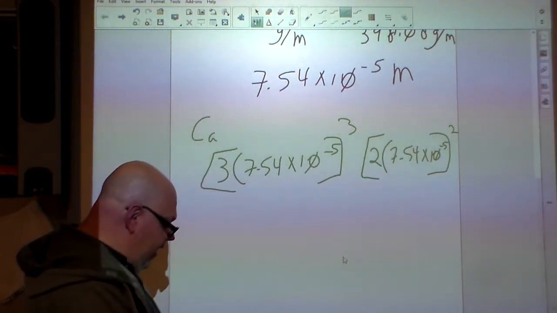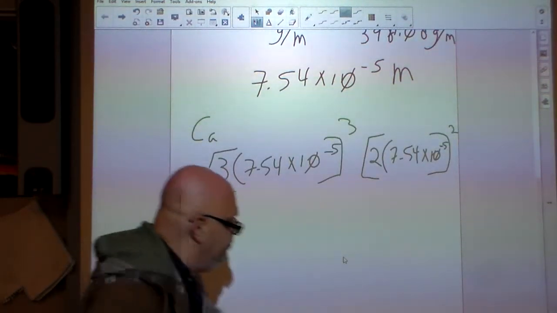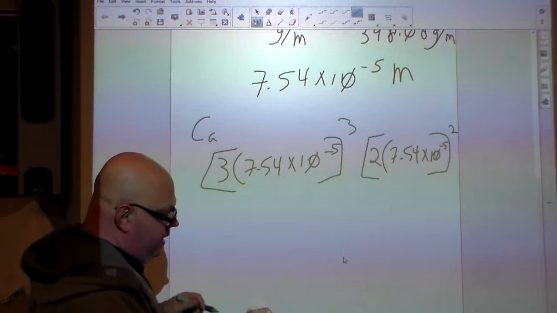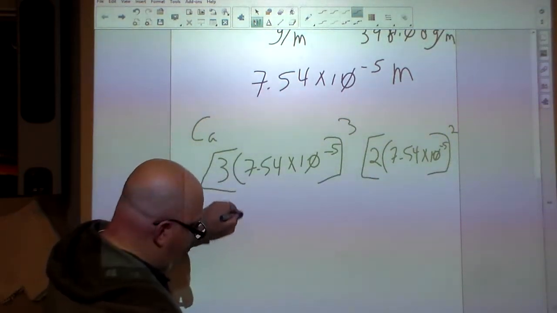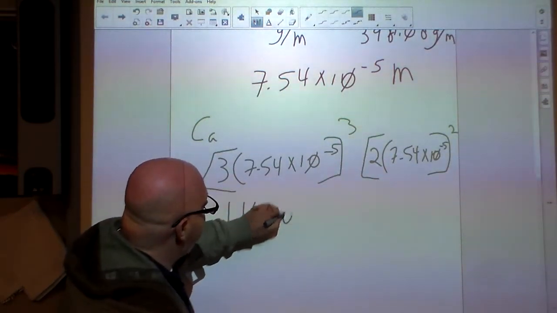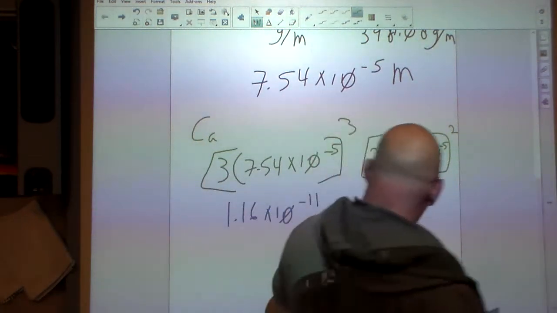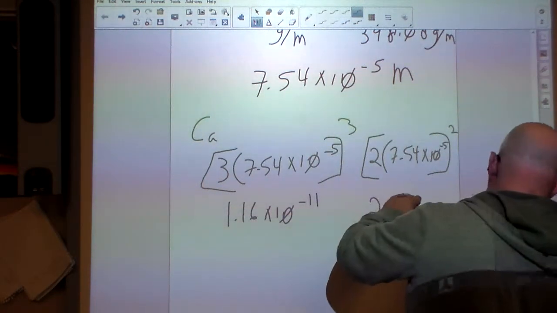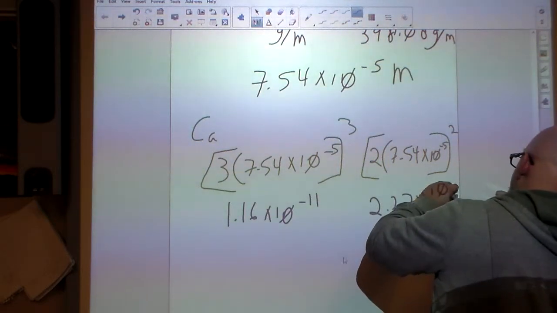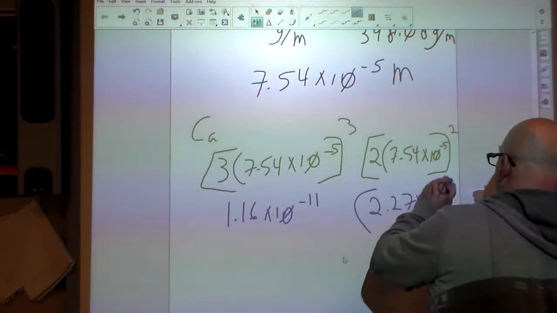So let's continue. On calculating this, guys, this is what we have: 1.16 times 10 to the minus 11th multiplied by 2.27 times 10 to the minus 8th. Wow.